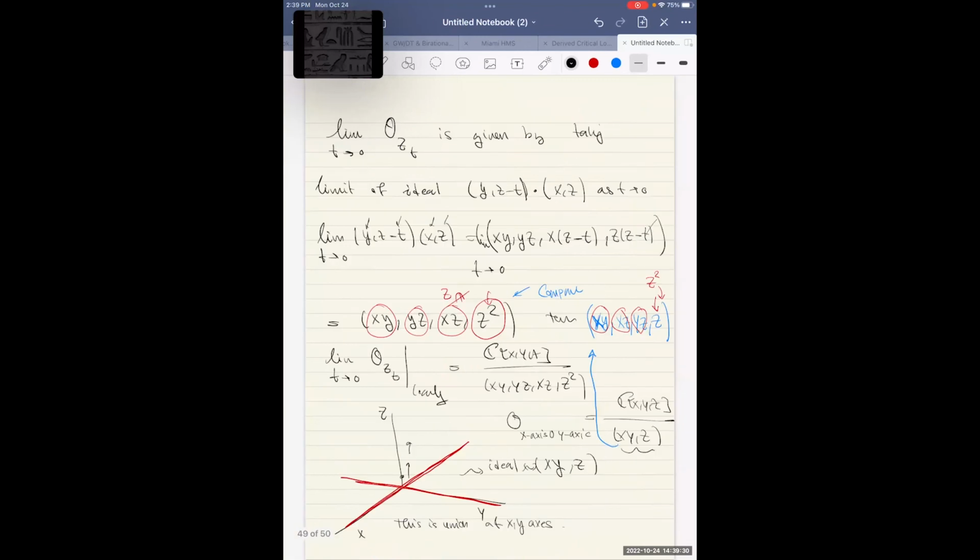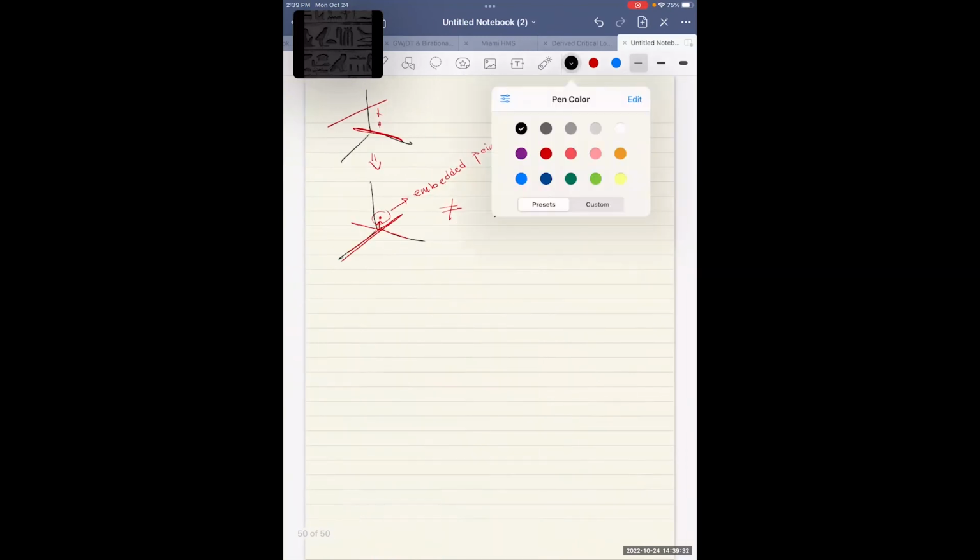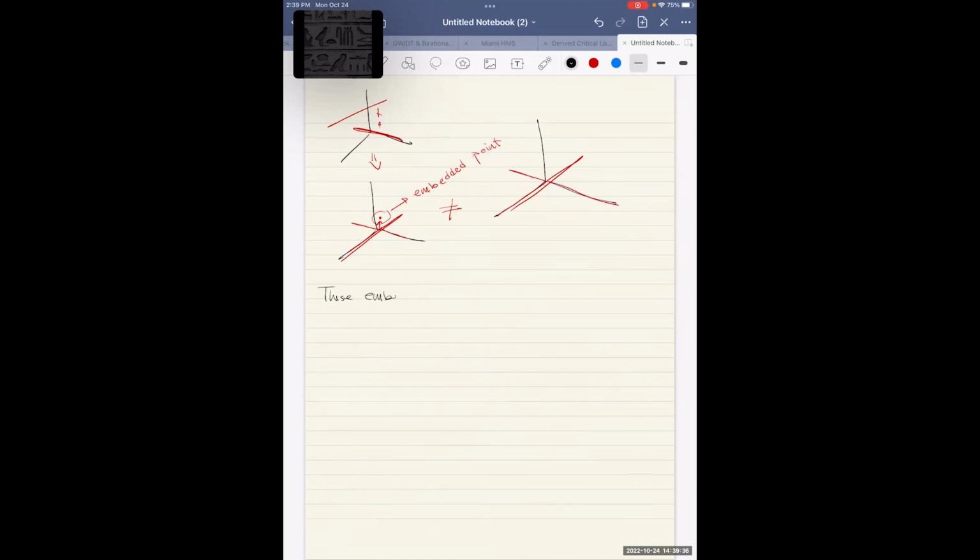Okay, so let me write it down. These embedded points can be deformed off the curve.